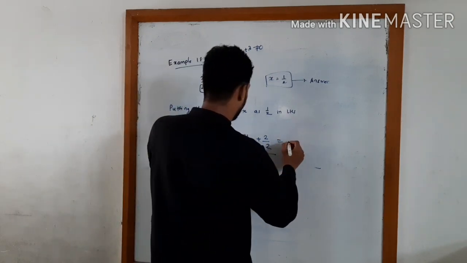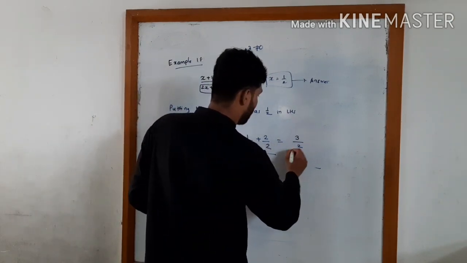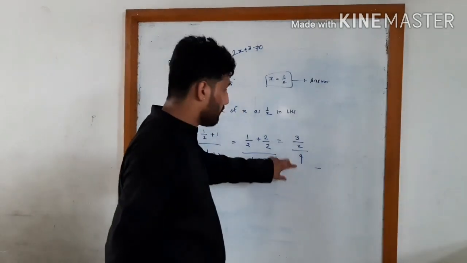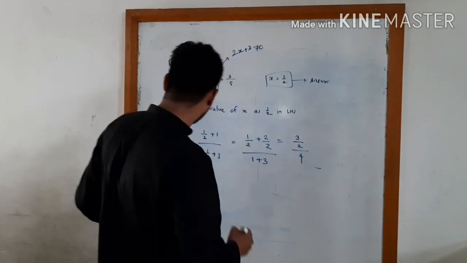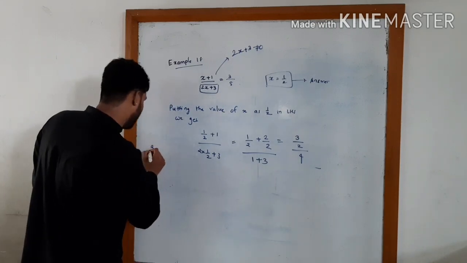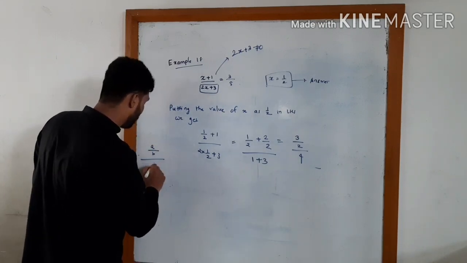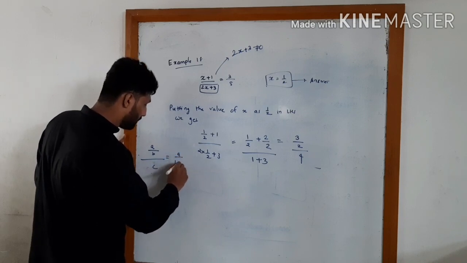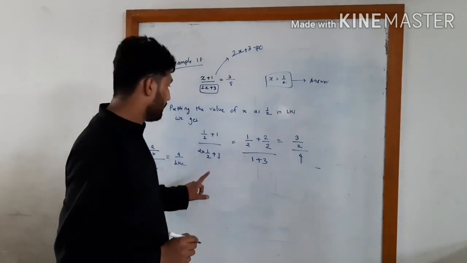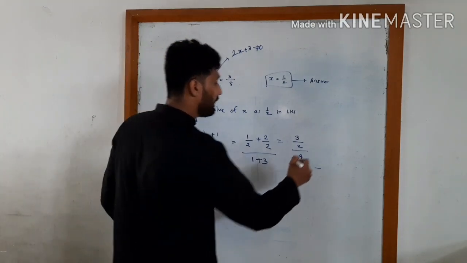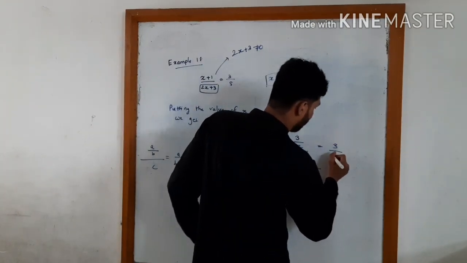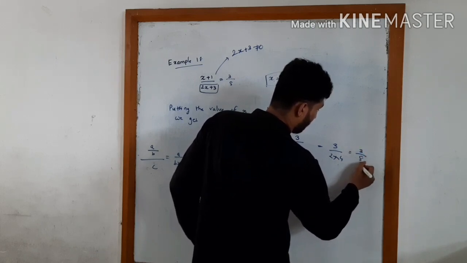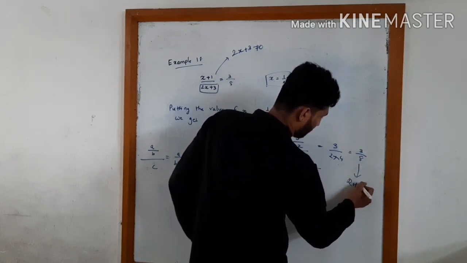So we get 2 plus 1 is 3 by 2 upon 3 plus 1 is 4. As a rule, when you have a fraction a upon b whole upon c, the answer is a upon b into c. So here if you apply the same, we get 3 upon 2 into 4, which is 3 by 8, and this is your RHS.